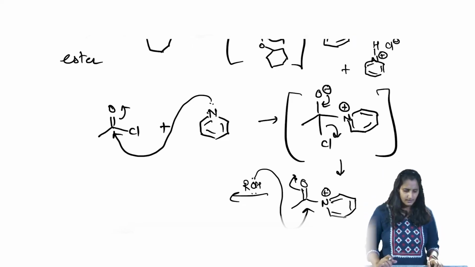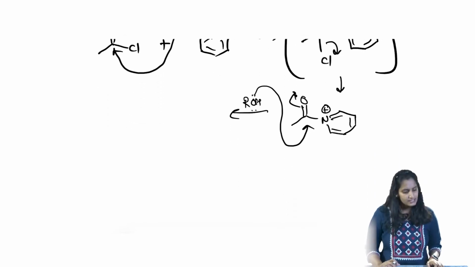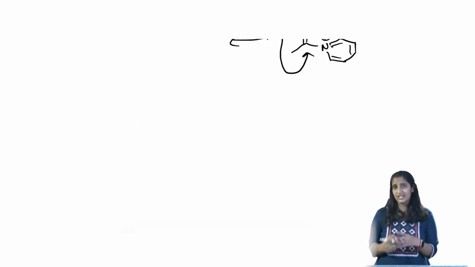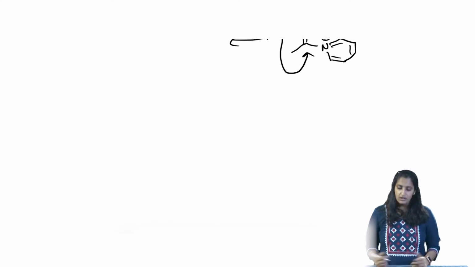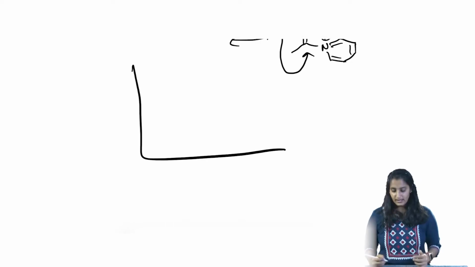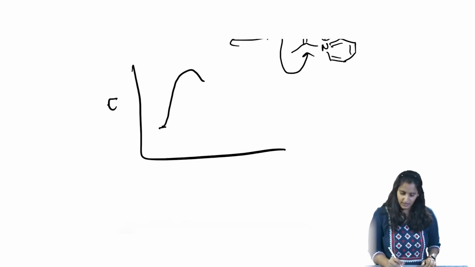Okay. Let us go ahead and look at the energy profile diagram for this reaction, and it is going to change depending on what kind of substituent we start with. Just to give you a very simple energy profile diagram for this particular reaction, the addition step is always, remember, the rate determining step of the reaction.